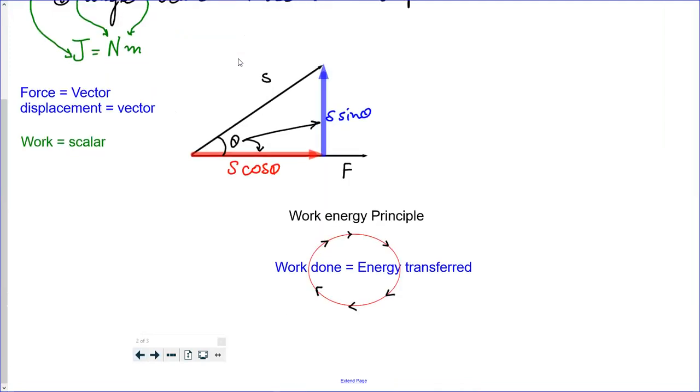The second thing it's going to focus on is this work energy principle. The third thing is how important it is to read the statement. Importance of reading the statement.